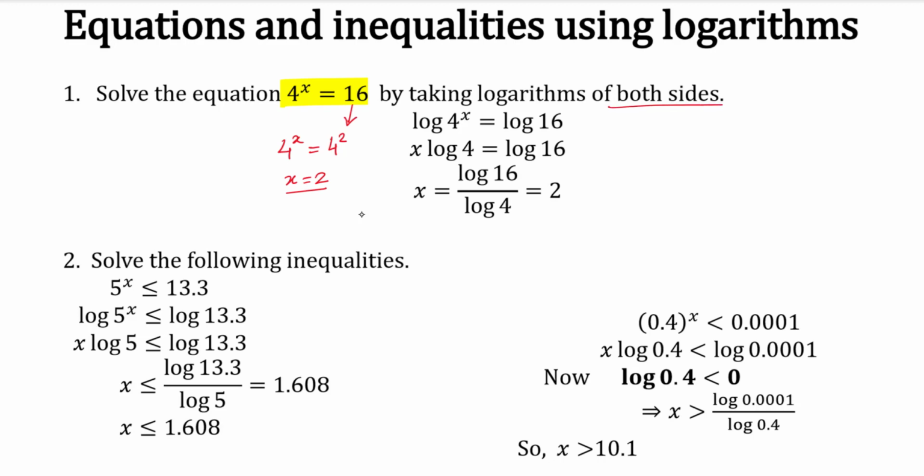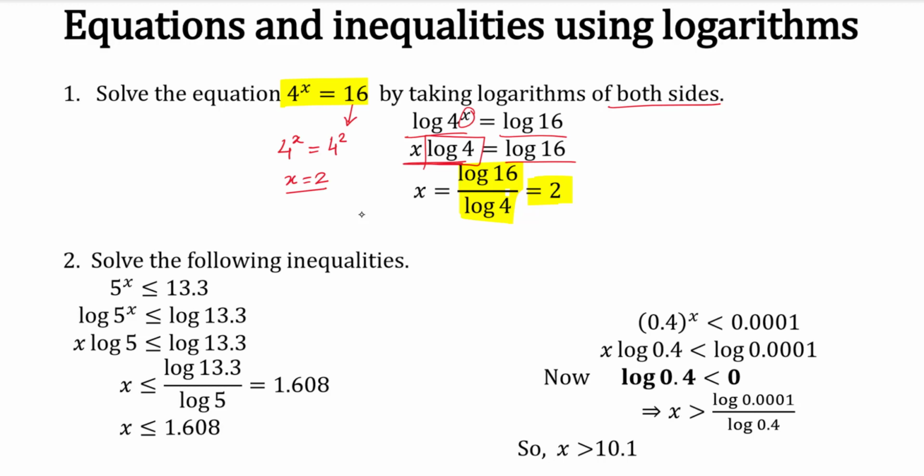So taking the log on both sides, we get log of this equals log of this, and first we use the property, power will come in the multiplication, so x log 4 becomes log 16, and from here we get x equals log of 16 over log of 4, which is 2. We can check it from a calculator as well.